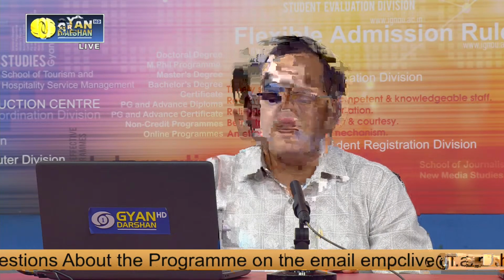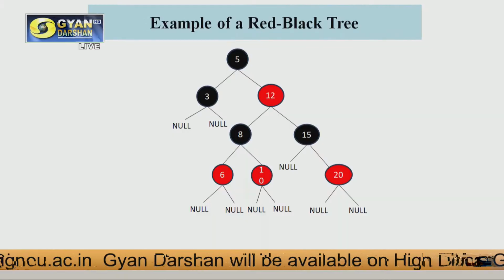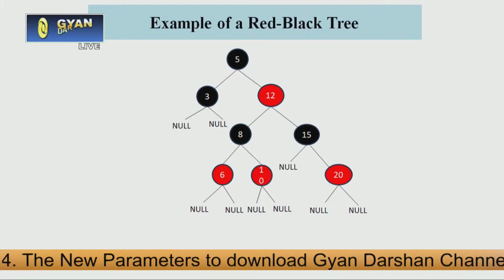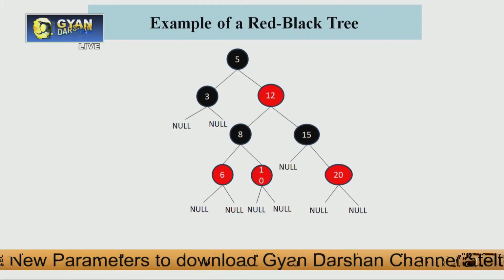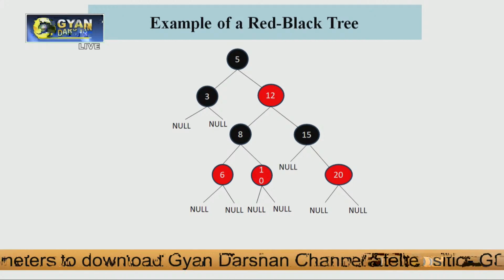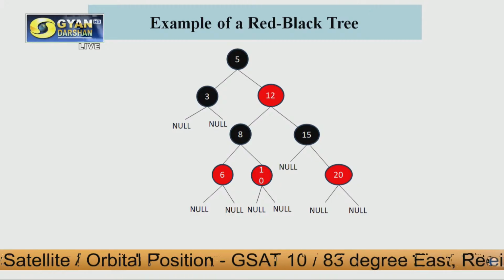So before we come to the operations here in this tree, the root should always be black in a red black tree. Here in this case it is black. The second property is that there should not be two consecutive red nodes.